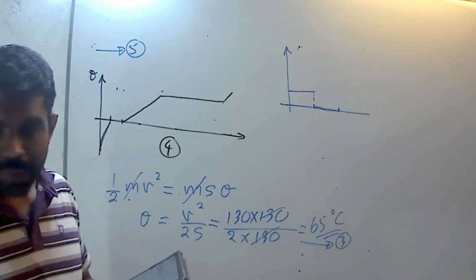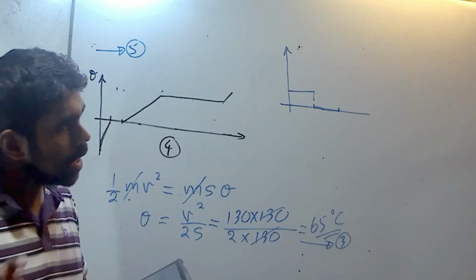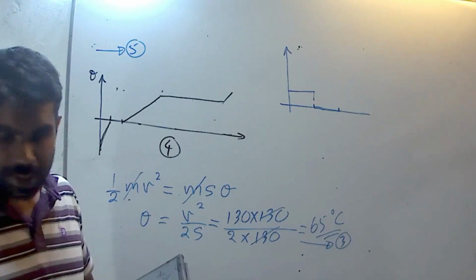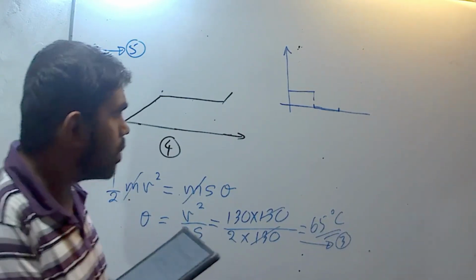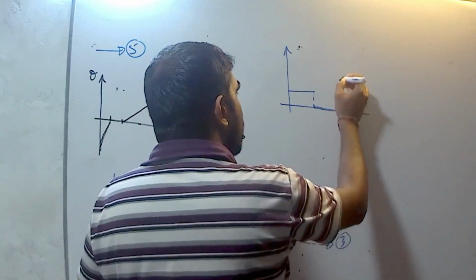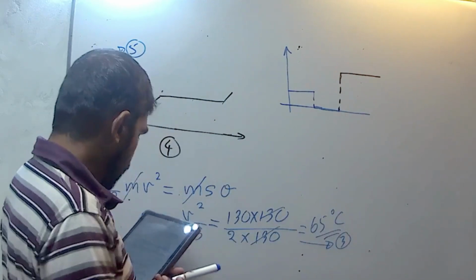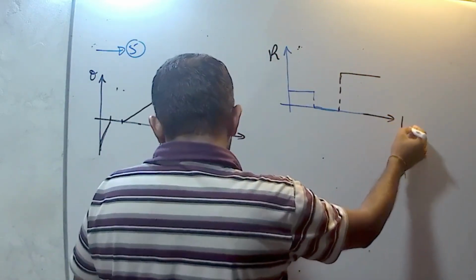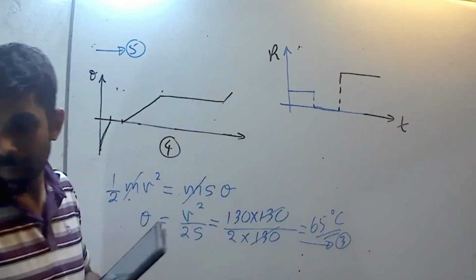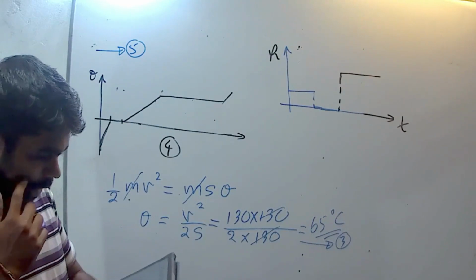It means a small amount of heat is absorbed by the vapor, but a large amount of heat is absorbed by the container. Therefore, R should be a greater value than this one. It is the graph of R with T.